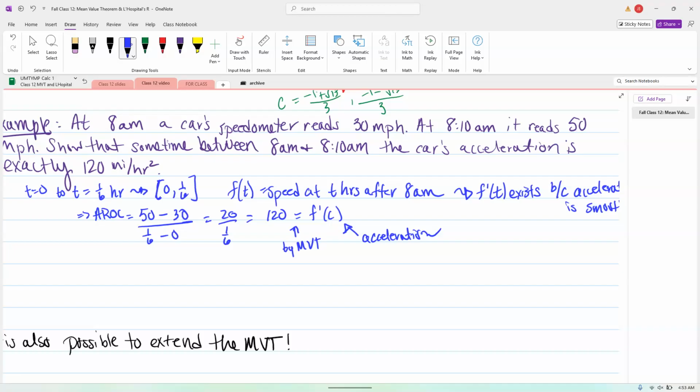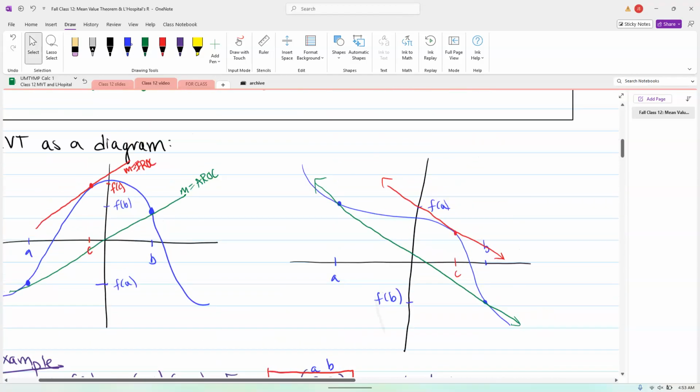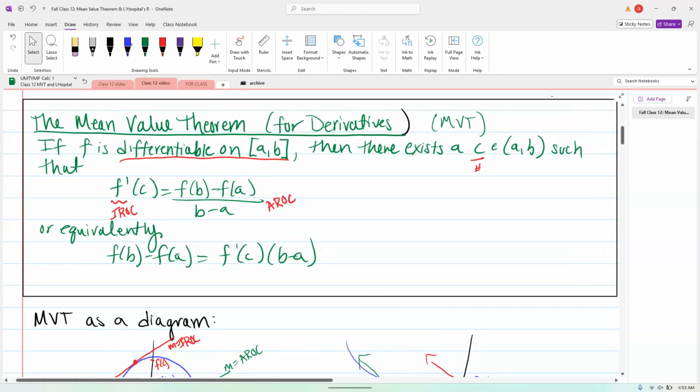By MVT this is equal to f prime of c, so then I should say that there is a time in 0 to 1/6 such that the car's acceleration is 120 miles per hour squared. Okay, and that's going to satisfy the problem. So again, mean value theorem, all about comparing average rate of change to instantaneous rate of change.